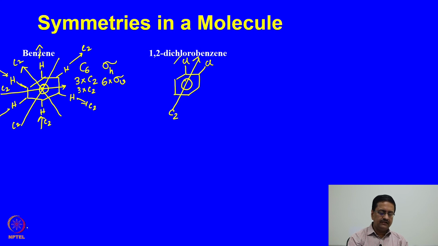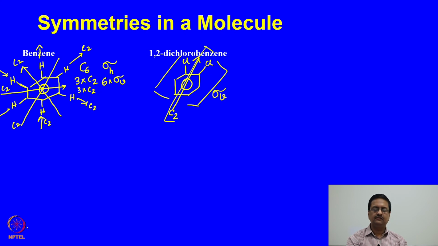The plane of the molecule is the sigma V, and the plane which contains the C2 axis and perpendicular to the molecule is another sigma V. So, this molecule is very similar in symmetry to water.